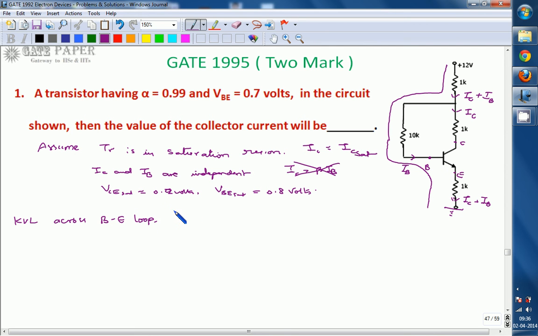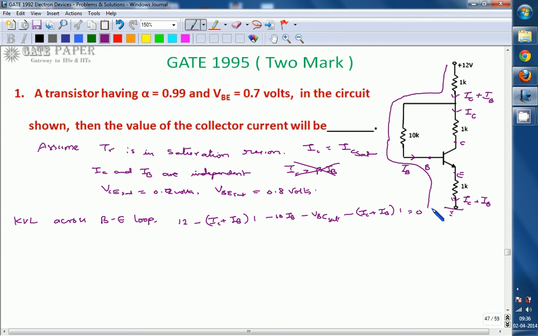So we can write it as 12 minus (IC plus IB) times 1 kilo ohm, minus 10 kilo ohms times IB, because in 10 kilo ohms only the base current is flowing, minus VBE saturation, minus the 1 kilo ohm at the emitter, where the current flowing is IC plus IB, so (IC plus IB) into 1, equal to 0.